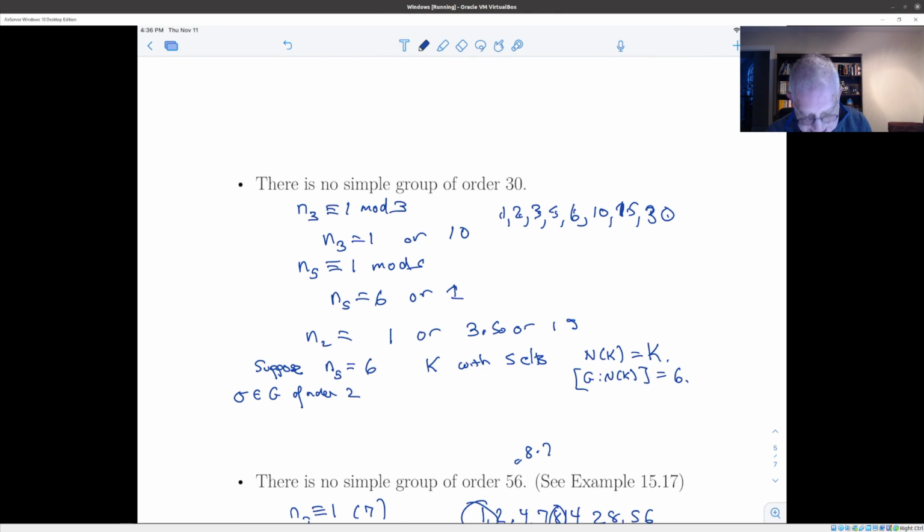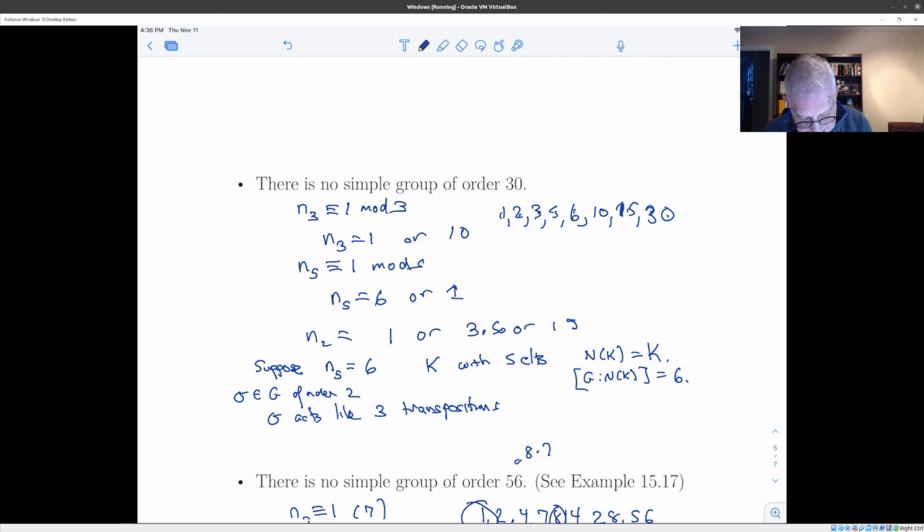So sigma has to take these 6 elements, and it has to do a permutation of them of order 2 with no fixed points. And the only way it can do that is if sigma acts like 3 transpositions. So it permutes the Sylow 5 subgroups in pairs. 3 pairs get interchanged. In other words, inside this copy of S6, sigma is an odd permutation.